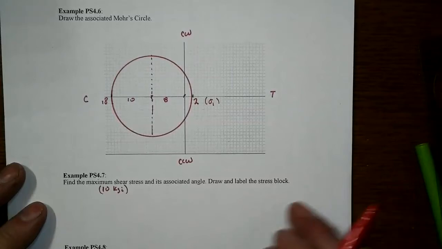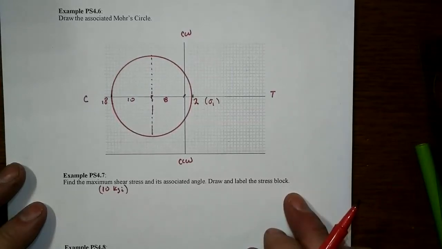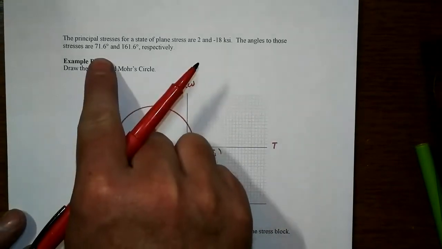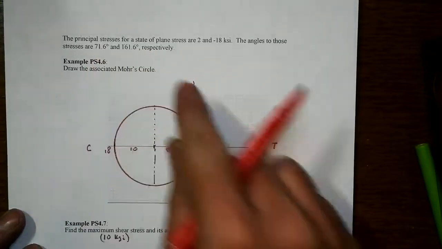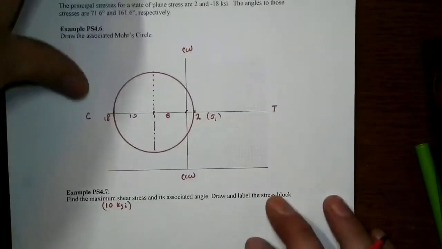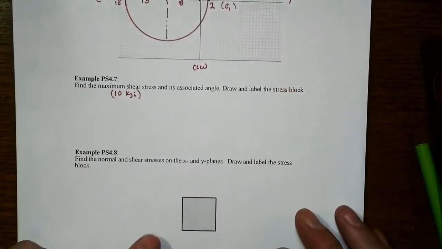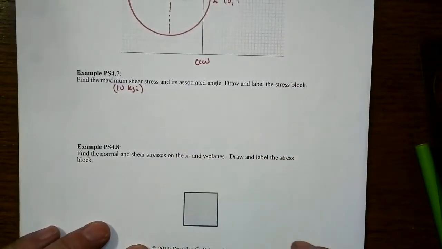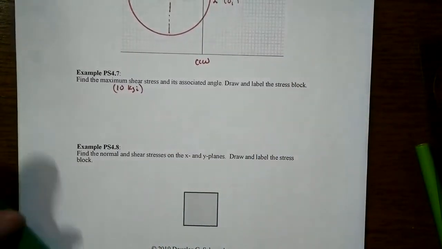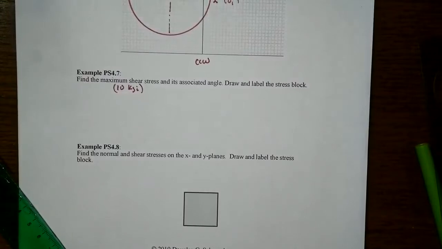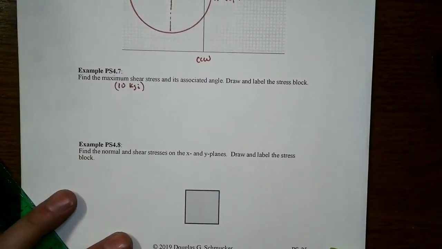Now, to draw and label the stress block, we have to think carefully about the principal plane orientation, so it might help to do this down here first before we come back and draw the stress block.